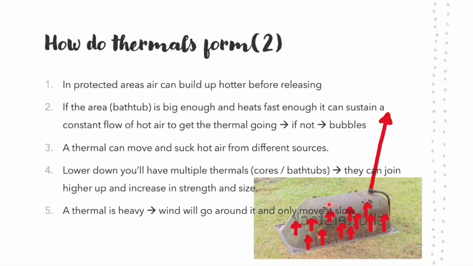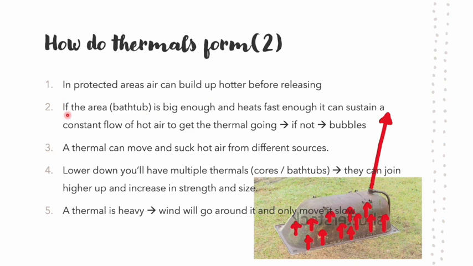But if there's a field surrounded by trees, or even a car park where the air is pretty still in between the parked cars, if there's nothing happening, that air can build up like a bubble of air that's quite a bit hotter than that 2 degrees difference. It can kind of stick on the ground quite a bit longer.